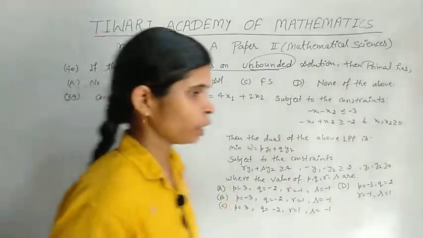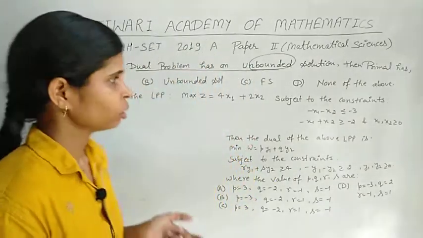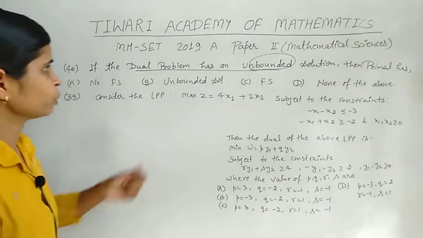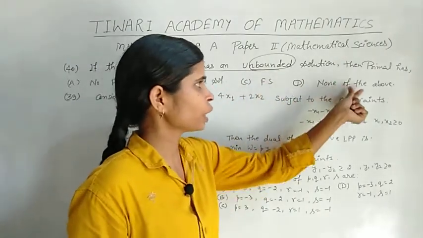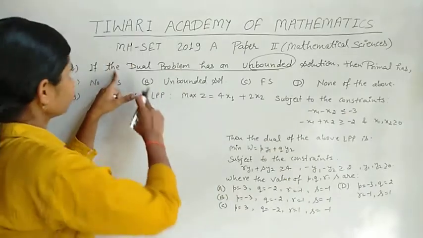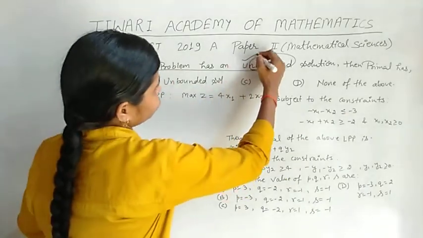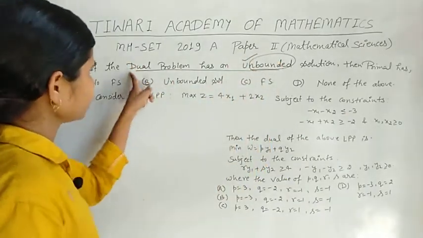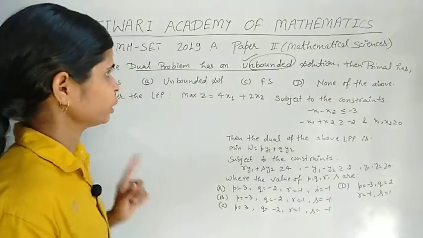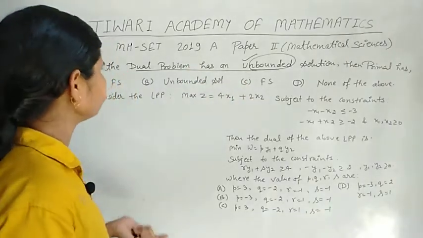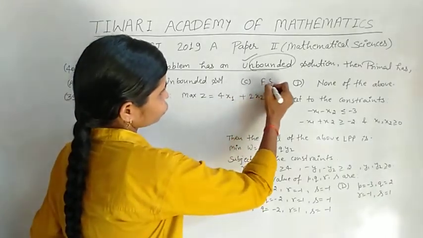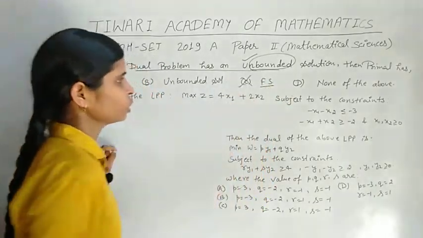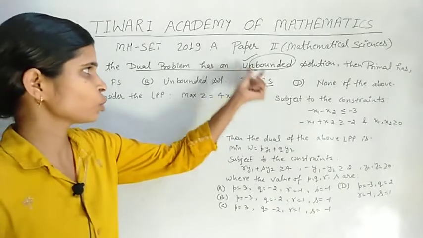Then the primal has: option first, no feasible solution; second, unbounded solution; C, feasible solution; D, none of the above. Given the dual problem has an unbounded solution, the primal has no solution. This option told feasible solution. It is a wrong option because it has no feasible solution.